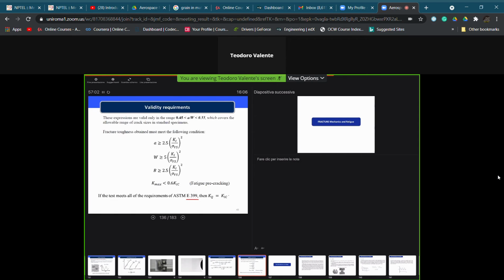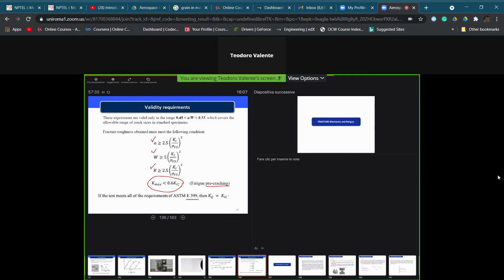and they are given on the initial length of the crack, on the width of the specimen, on the thickness of the specimens. And this is another important consideration, that is the fatigue pre-cracking, which is requested before putting our CT specimen, for example, on the tensile test to evaluate K1C.